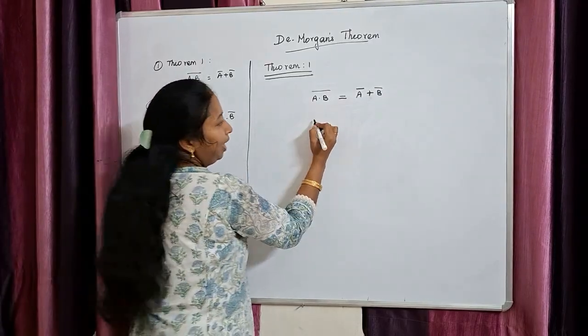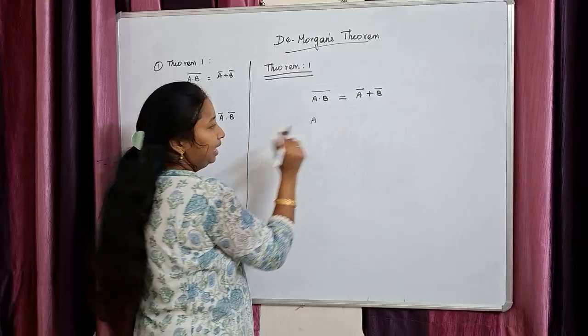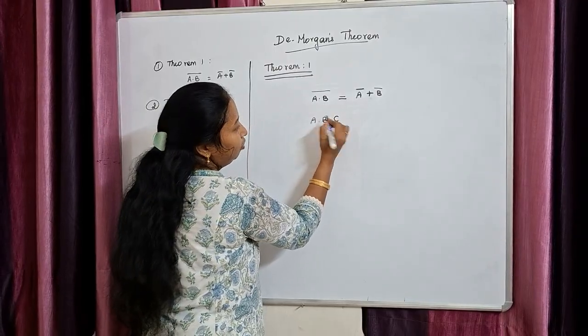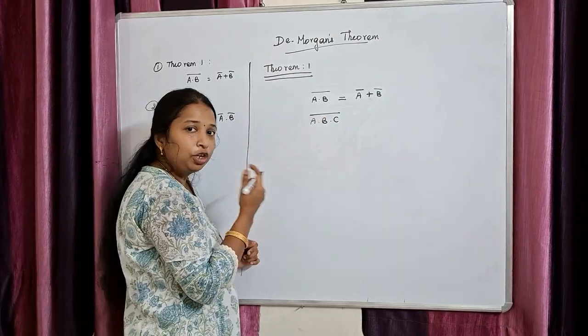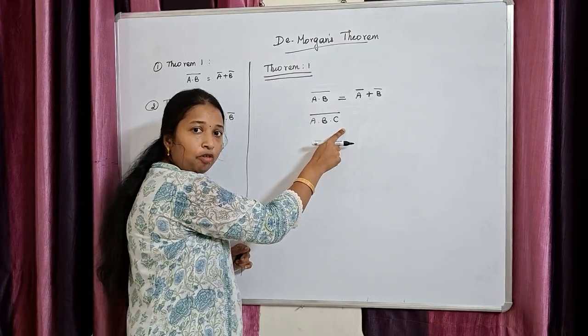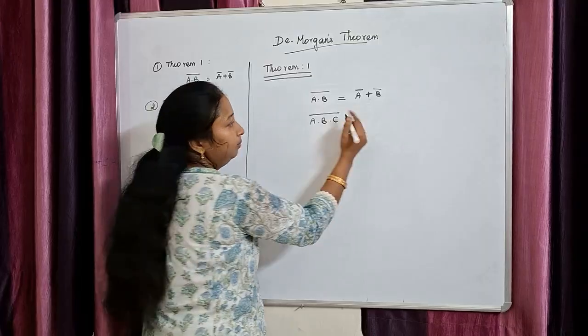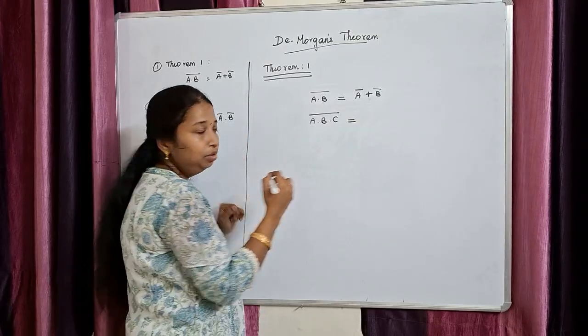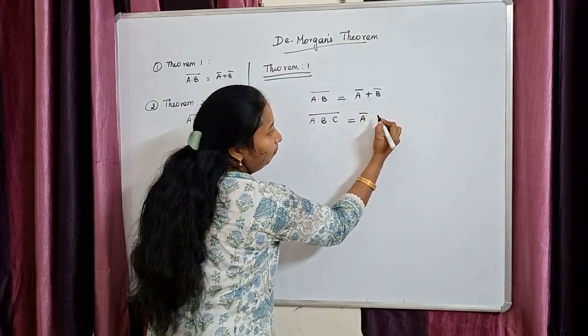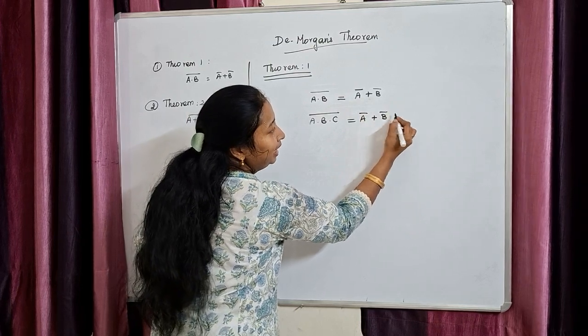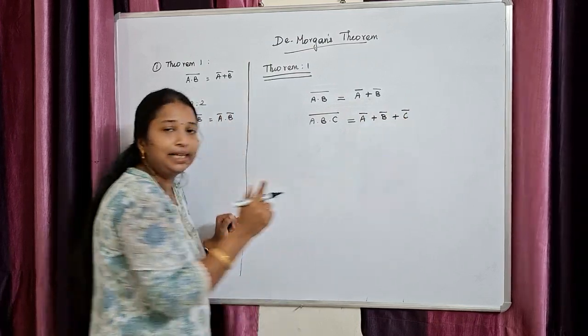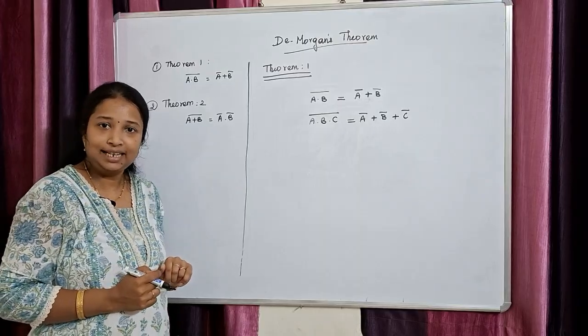This is for two inputs. In case you have got three inputs, say A, B and C, what you will do? You take the product of all the input terms, and the complement of that product term is equal to the sum of the complement of each and every single term in your input. Is that clear?